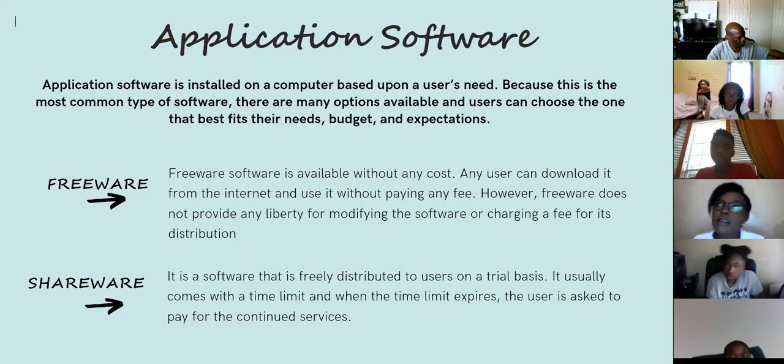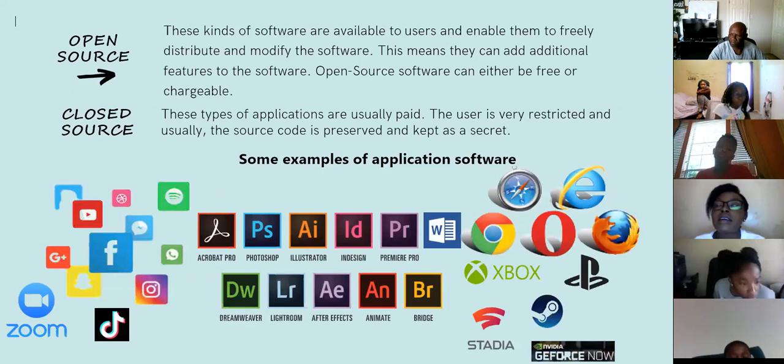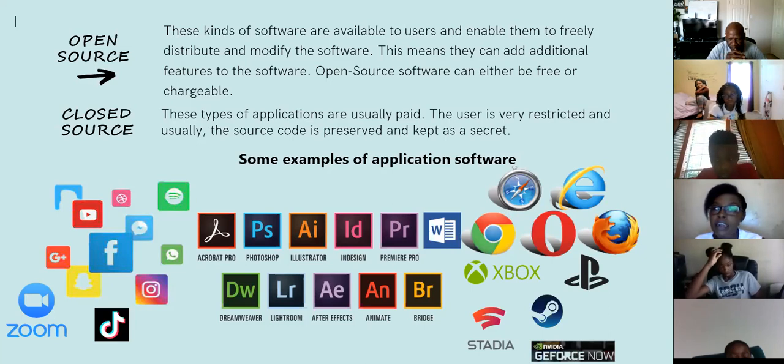Then open source software is software that is given for free, and a nice thing is that it allows you to change it. You can look around the internet and you will find some software that you can actually change. For example, there are some editing software that are open source.